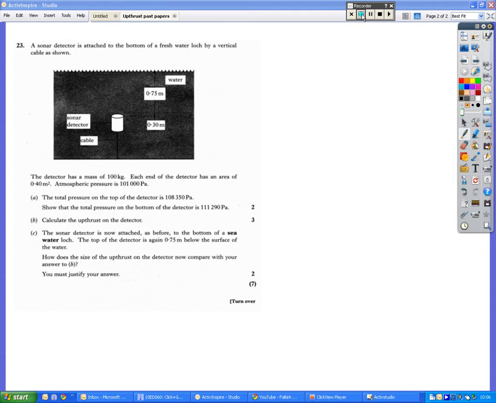So we're asked to show that the total pressure on the bottom of the detector is 111,290. In order to do that, we're going to use pressure equals rho g h. So density times gravitational field strength times h, which is the depth in this case.